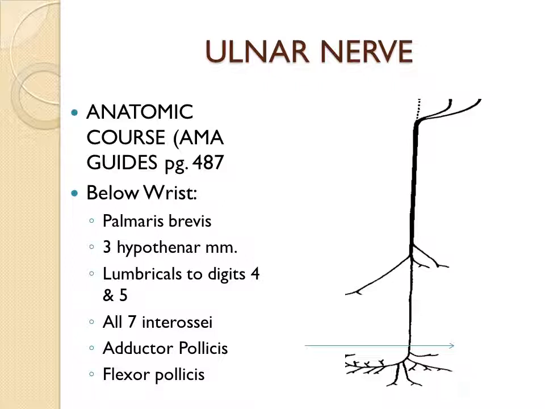Then it sends off individual branches to the adductor pollicis muscle and also the ulnar head of the flexor pollicis brevis muscle. And you can review that diagram in the AMA guides, page 487.